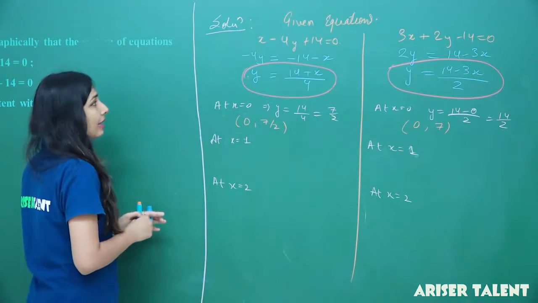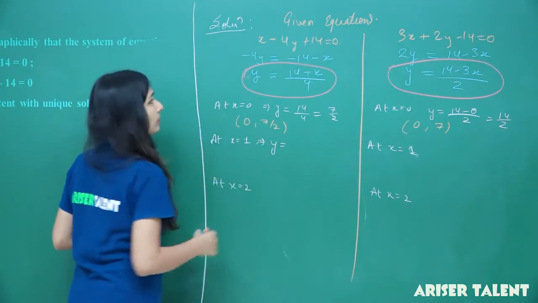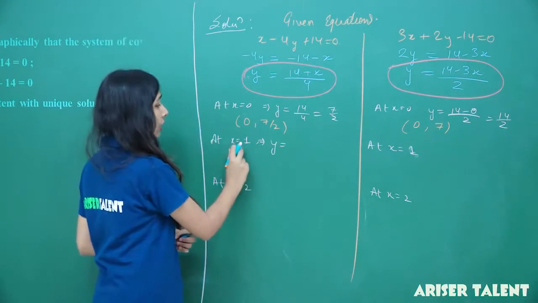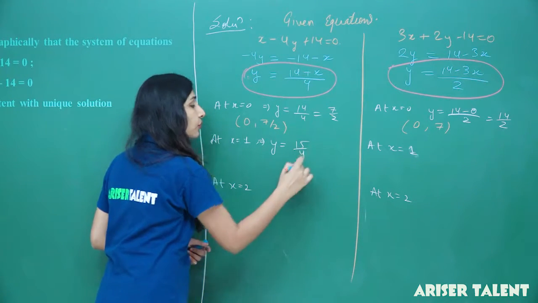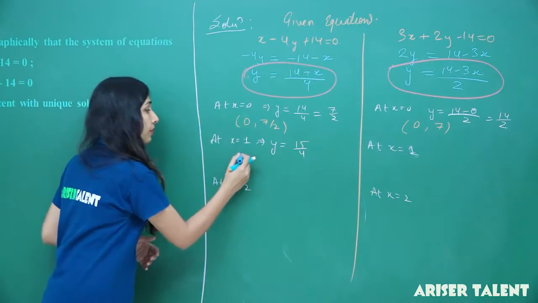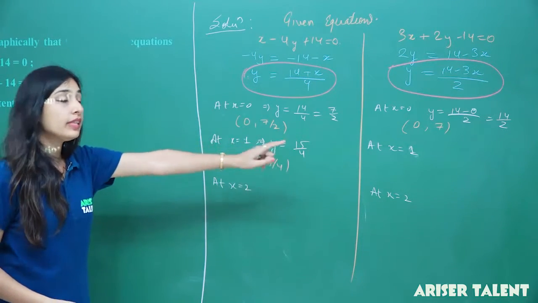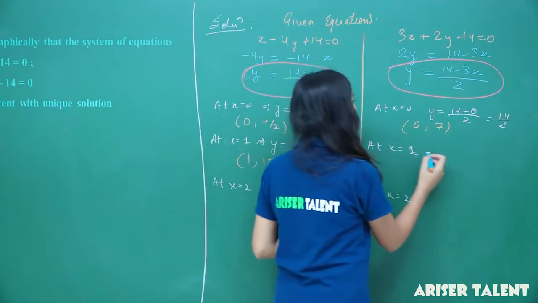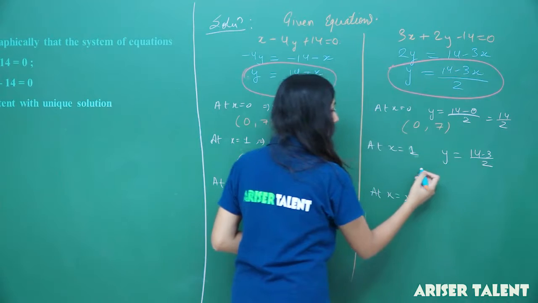Now for the second, I'll be having y equals to 14. Now I am having x equals to 1. 14 plus 1 equals to 15 by 4. So 1 and 15 by 4. Now I am taking x equals to 1 there, right? So for x equals to 1, y will be equals to 14 minus 3 by 2, right?